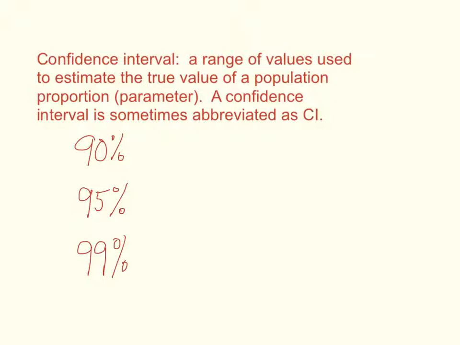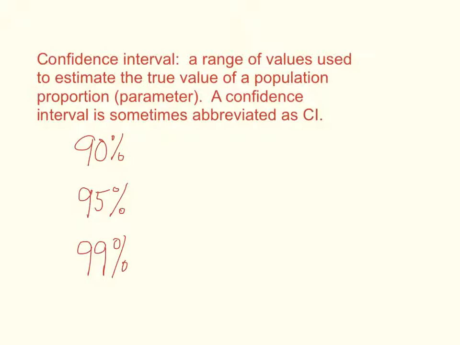That doesn't mean we couldn't build a confidence interval with a confidence level of 85%. But when we start getting below 90, we're saying we're not real confident that the actual population proportion is going to fall within that interval. So we tend to use 90, 95, and 99 the most.